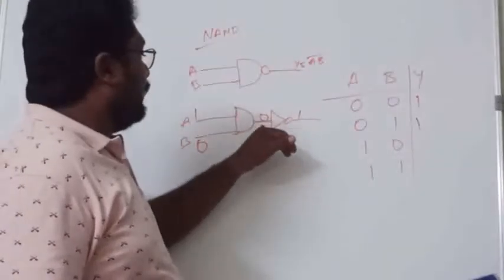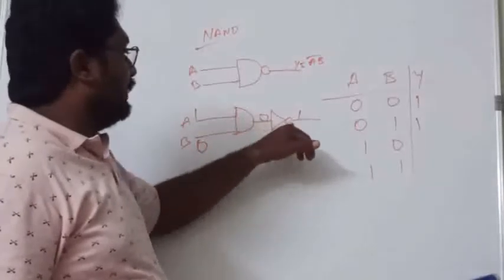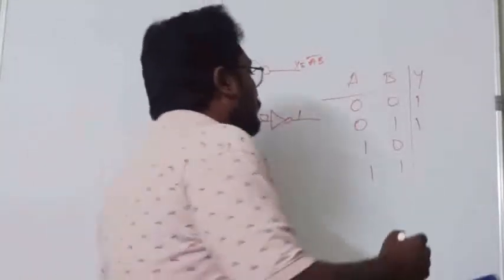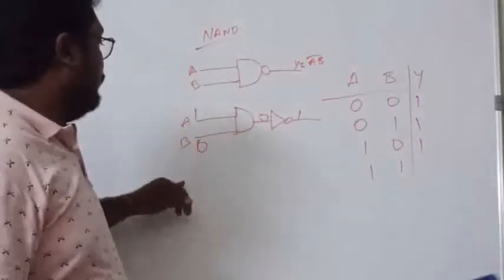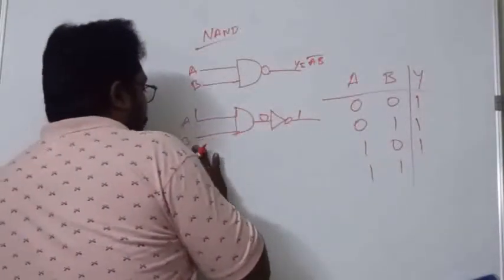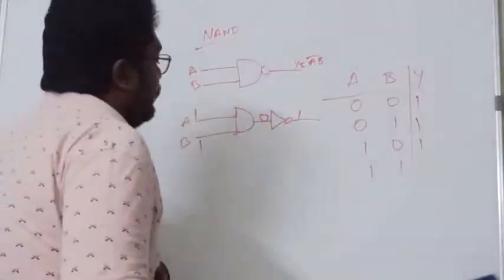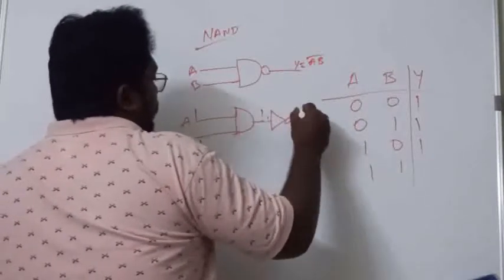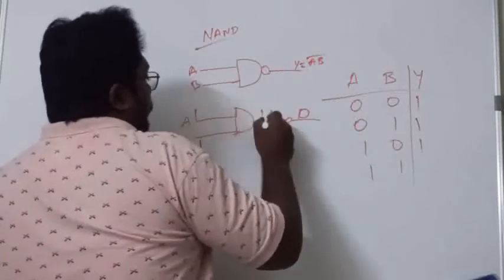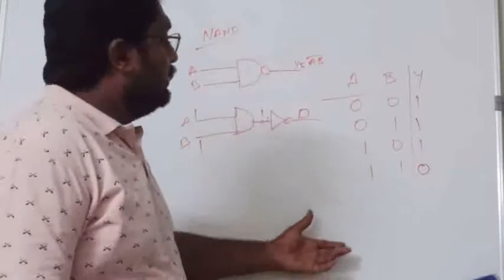The output for the AND gate is 0, and with input 0 for the NOT gate, the output will be 1. In the fourth case, A = 1, B = 1, the output for the AND gate is 1. So with input 1 for the NOT gate, the output will become 0, and this is the truth table for the NAND gate.